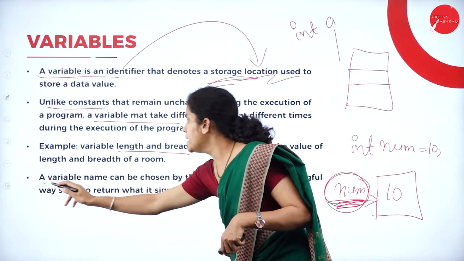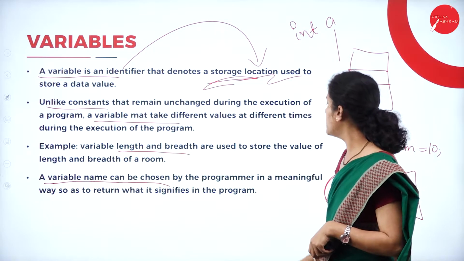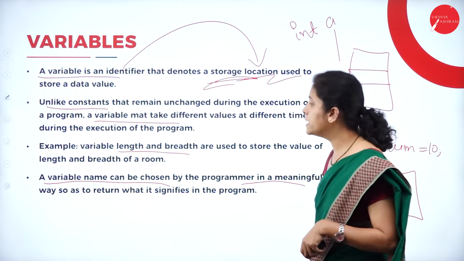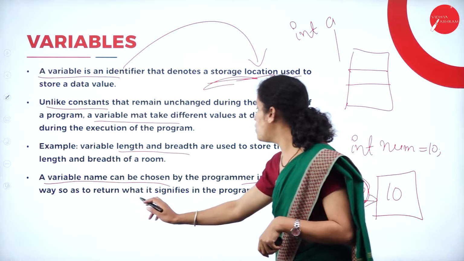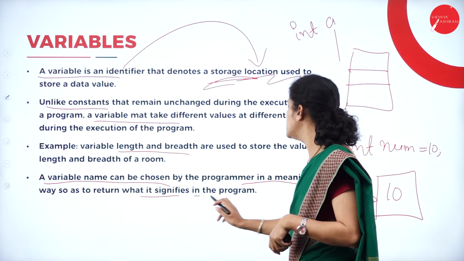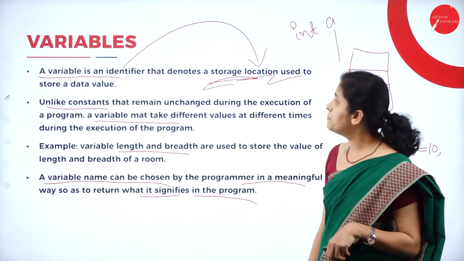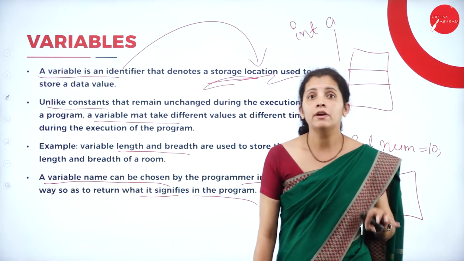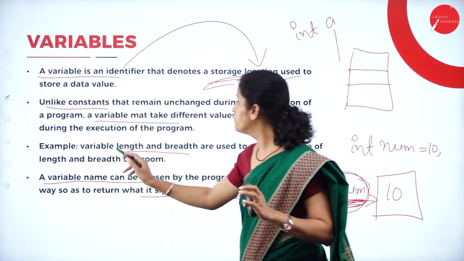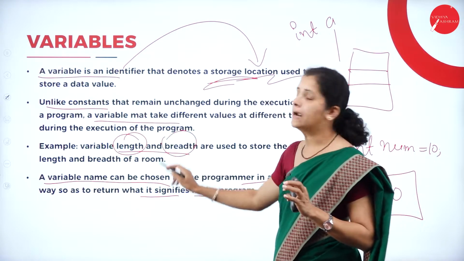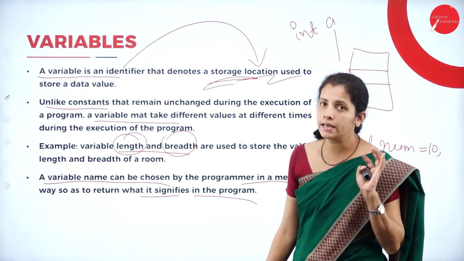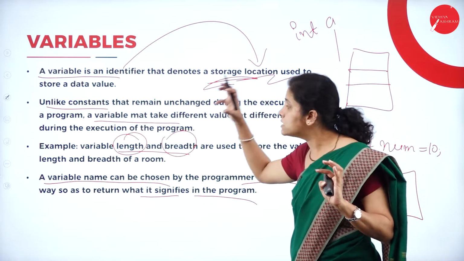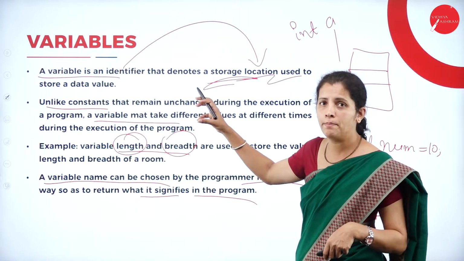So a variable name can be chosen by the programmer in a meaningful way so as to indicate its significance in the program. For example, if I want to read the length and breadth, then specify the variable name as it is. That gives some meaning to the variable.